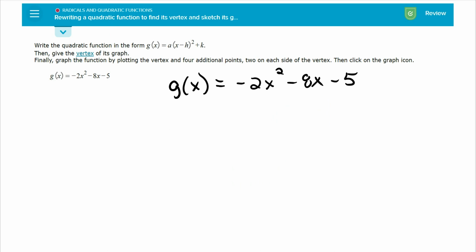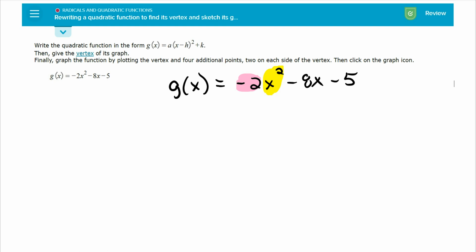But for those of you that are interested in learning how to complete the square and knowing how to do it here, here we go. Okay, you can only complete the square when you have just the x squared. At the moment, I have this -2 hanging out in front of it. So what I'm going to do is factor that out.